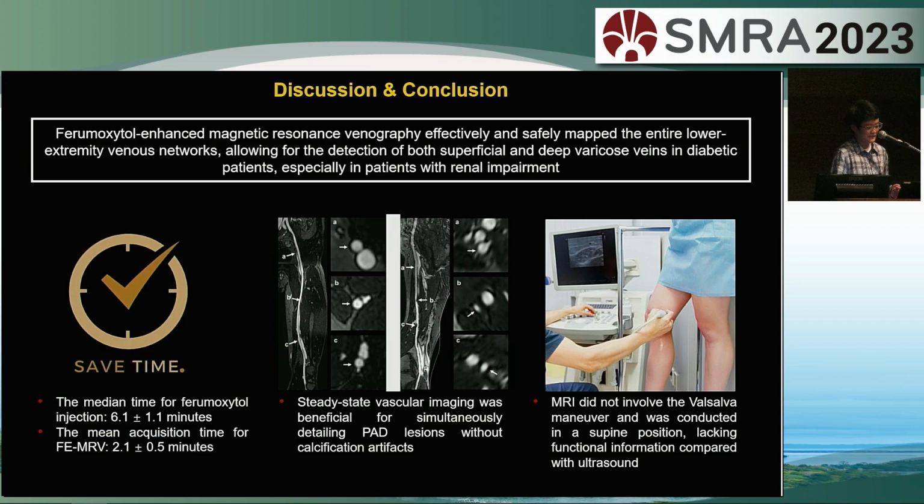The steady-state vascular imaging was also beneficial for simultaneously detailing peripheral artery disease lesions without calcification artifacts. However, it has been recognized that the proximity of the arteries and veins complicates below-knee artery stenosis interpretation. And MRI did not involve functional information compared with ultrasound. So that's one of the limitations of the study.